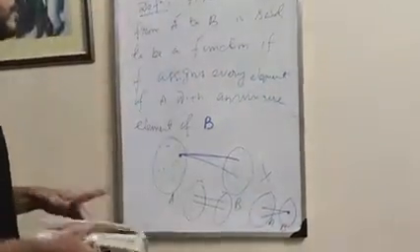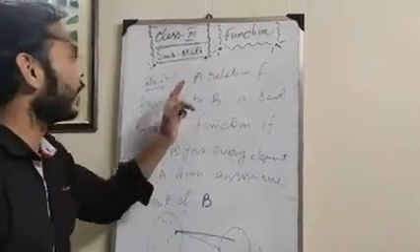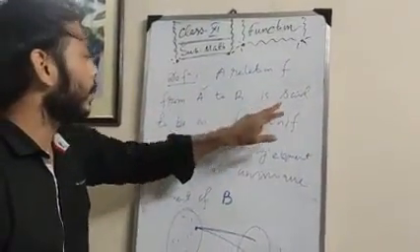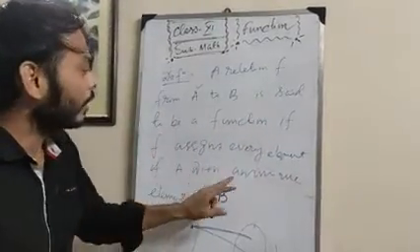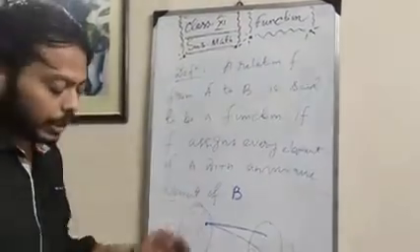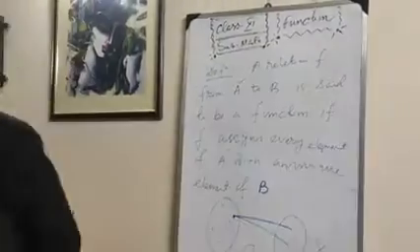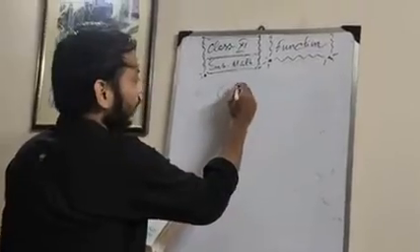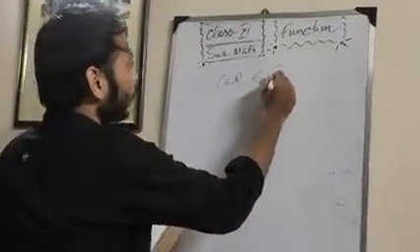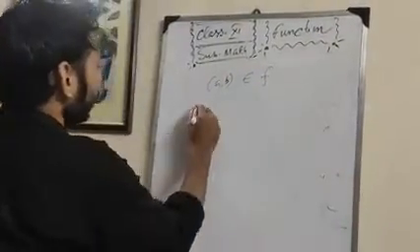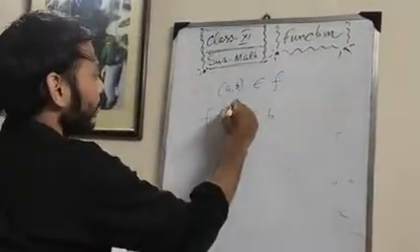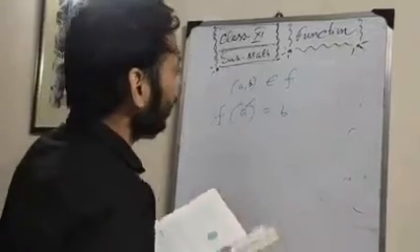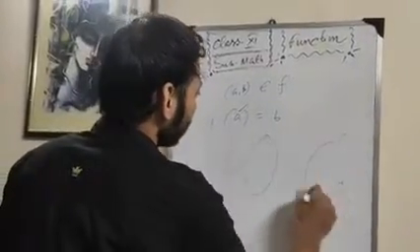Okay, so I am repeating the definition. A relation f from A to B is said to be a function if f assigns every element of A with a unique element of B. Now if the ordered pair (a, b) belongs to f, that means f(a) = b. Here a is the pre-image and b is the image of a.